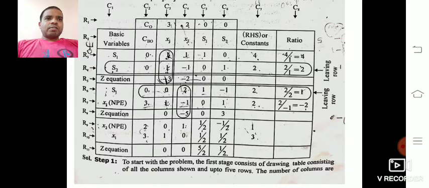Okay, that gives 2 here. Similarly do it for C5 and C6; the RHS side is also 2.